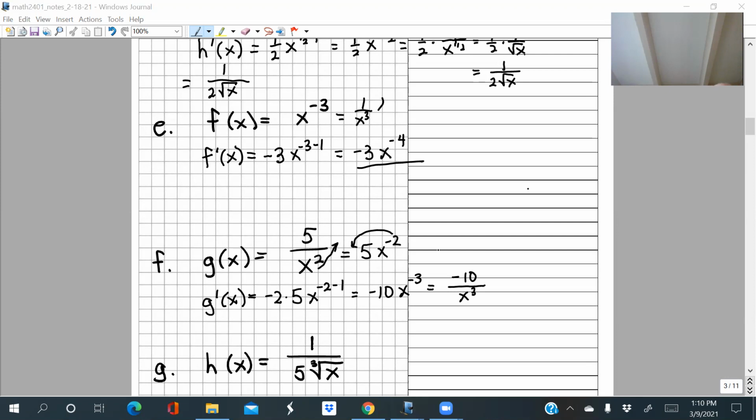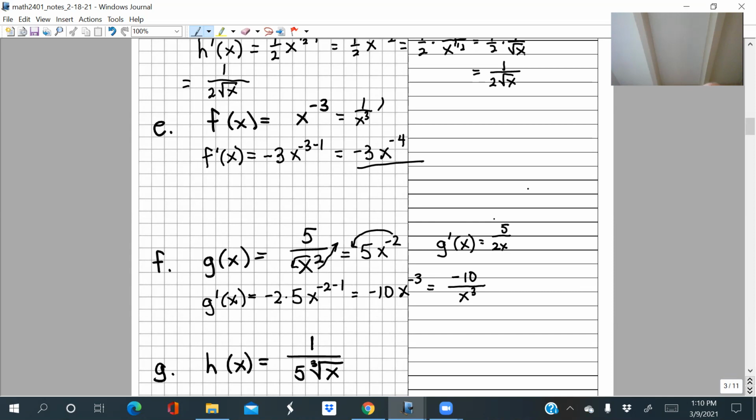Now, here's what mistakes you're going to want to make. So you've got to caution yourself to prevent these mistakes. When students are looking at this formula and thinking about the derivative, they want to apply the power rule too quickly. So they think, the derivative of 5 over x squared, that should be 5 over 2x, because I'm going to bring the 2 down here and subtract 1, which gives me x to the first power.